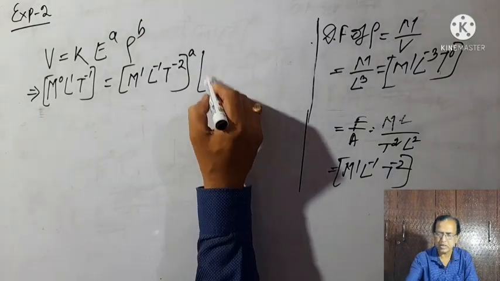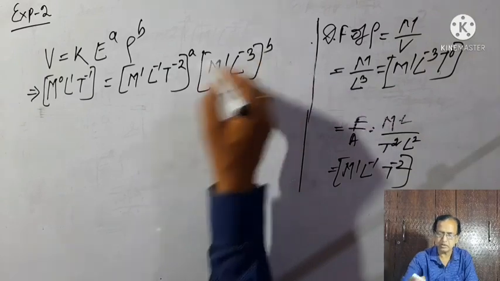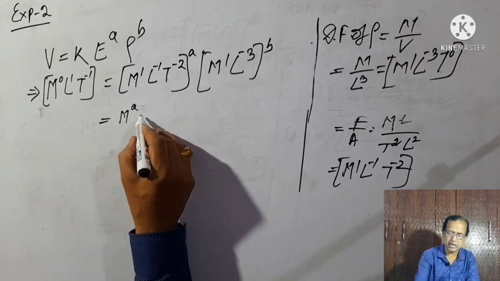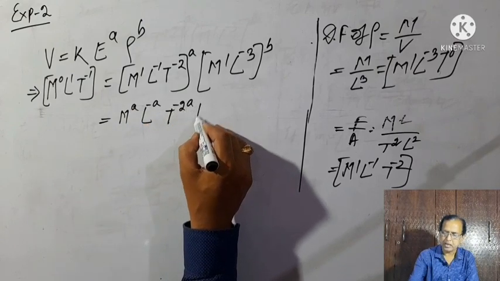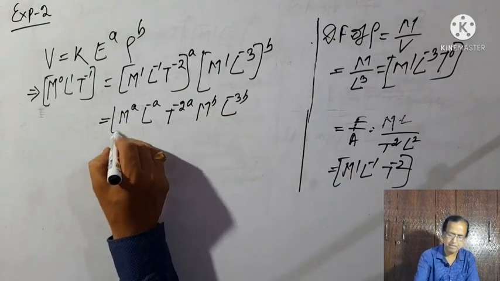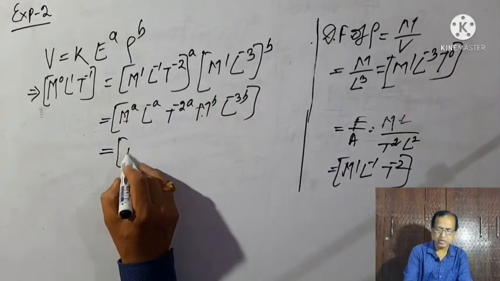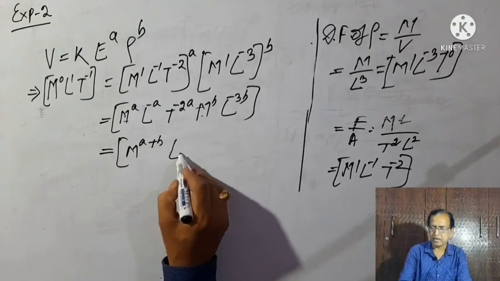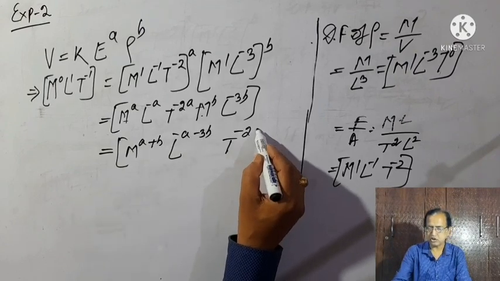Rho is M1 L minus 3, whole to the power b. So this is equal to M to the power a, L to the power minus a, T to the power minus 2a, M to the power b, L to the power minus 3b, equal to M to the power a plus b, L to the power minus a minus 3b, T to the power minus 2a.